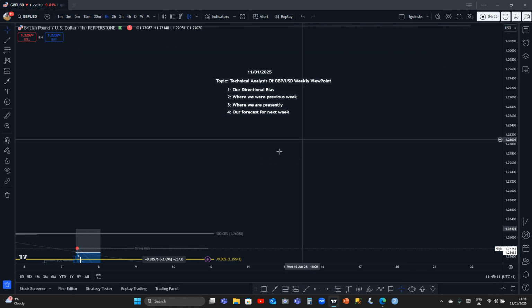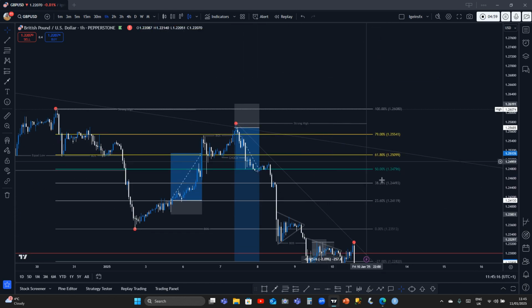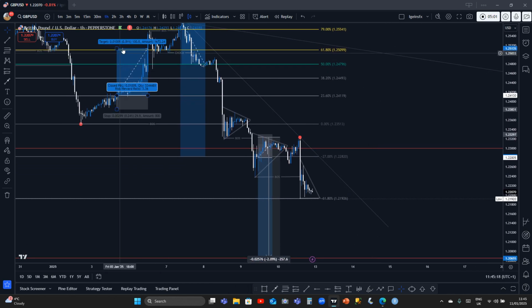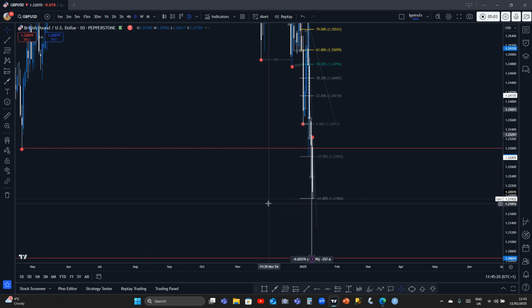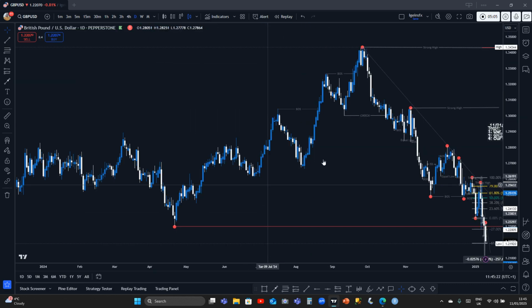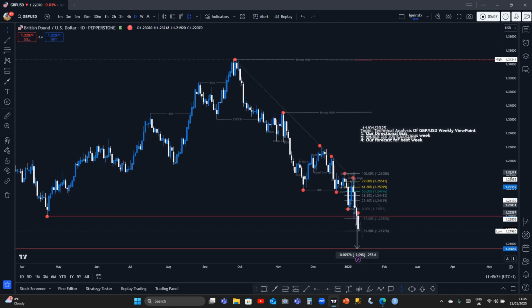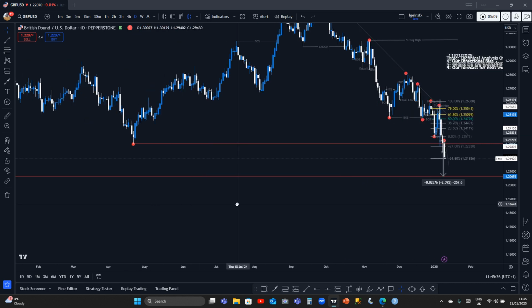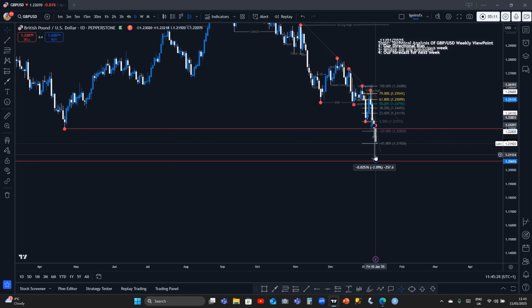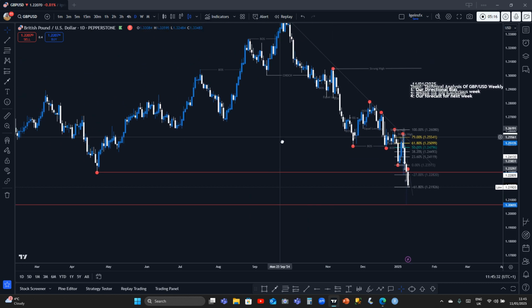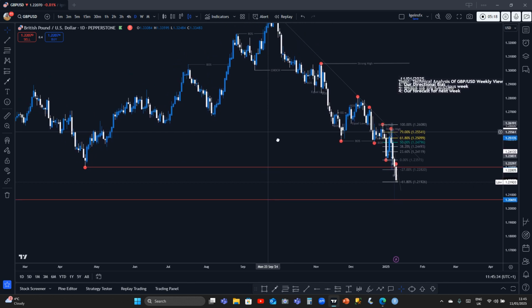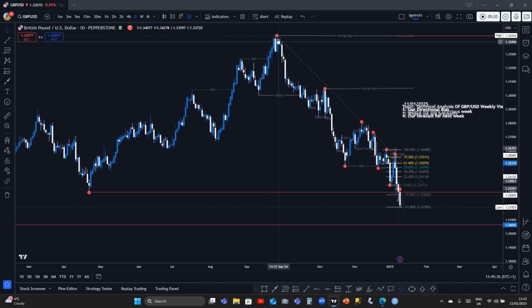So without wasting time, let us start. Now, our directional bias. If you go to the daily time frame, you will notice that we are still very much bearish. How did we know that we are bearish? You can see price action breaking structure to the downside.